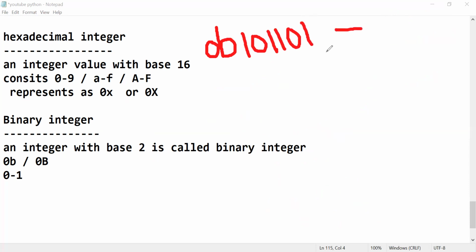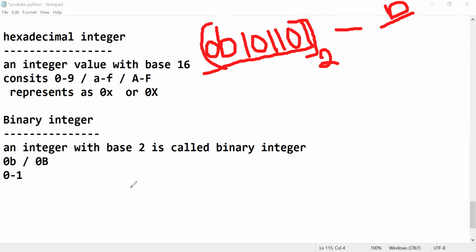We have to convert this binary value into decimal value, guys. See, guys, here the base value of this binary value is 2. So we have to multiply this binary value. See, 0b is the representation of binary value.